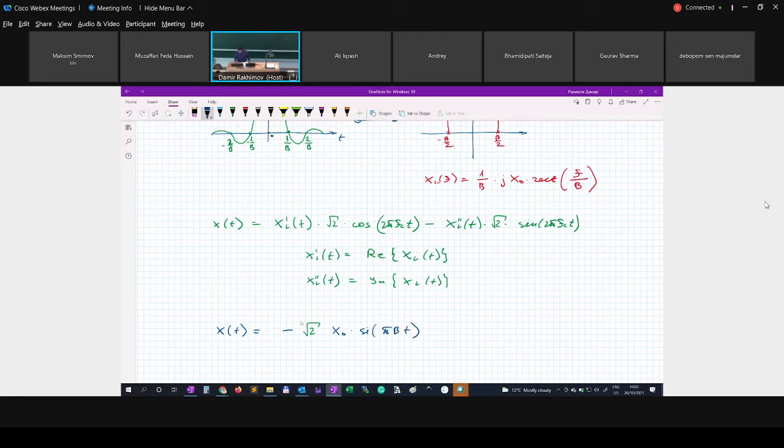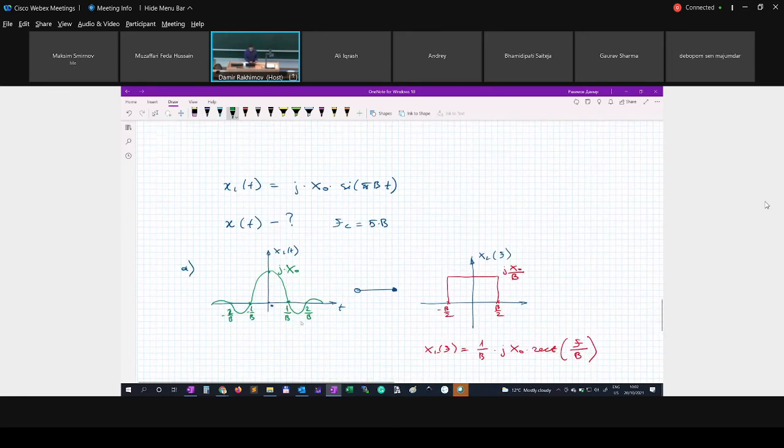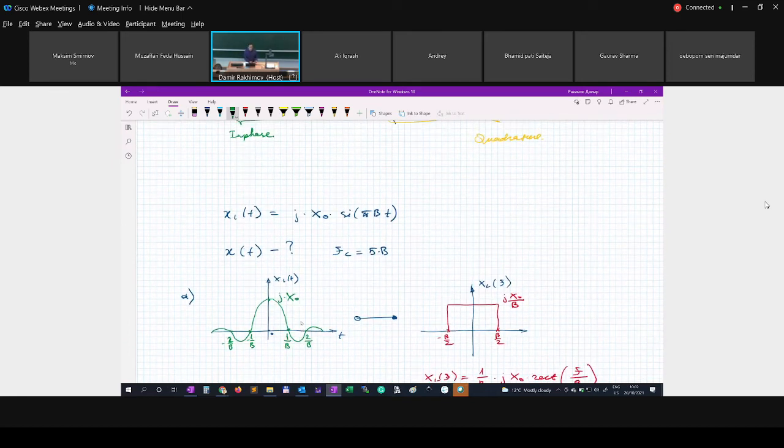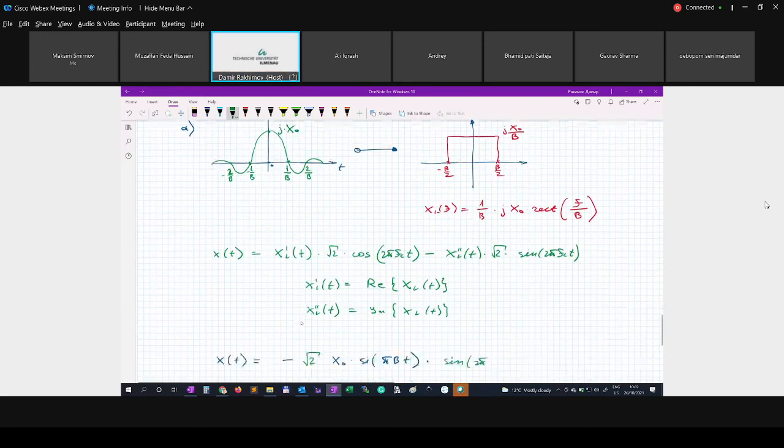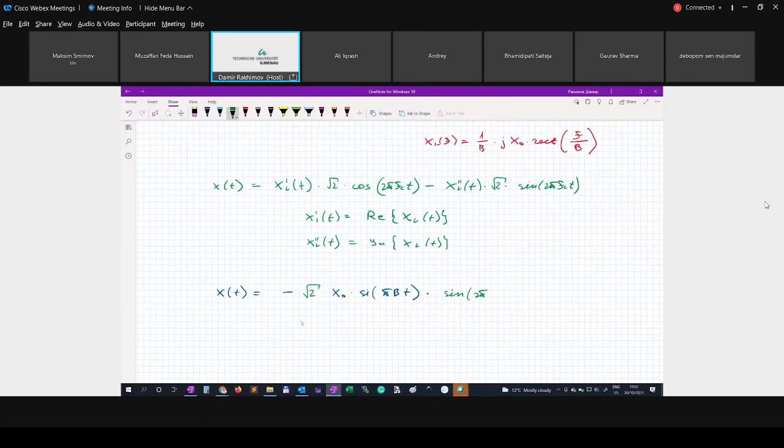And last, I have to write the carrier frequency: sine 2 pi. We mentioned in the beginning that the carrier frequency equals 5 times capital B. This is our carrier frequency, and we plug this value: 2 pi times 5 times capital B times t.